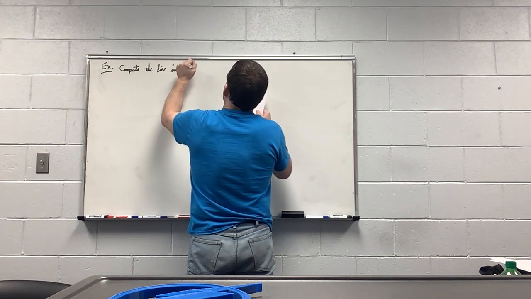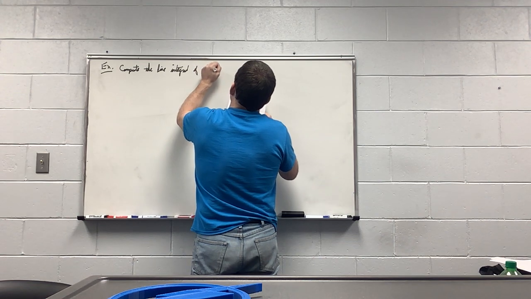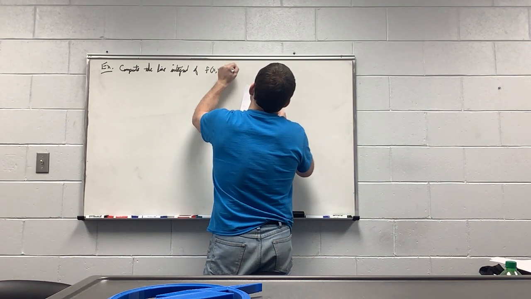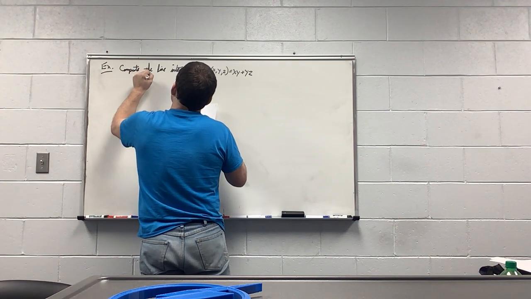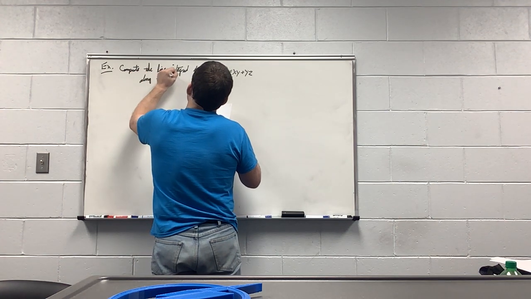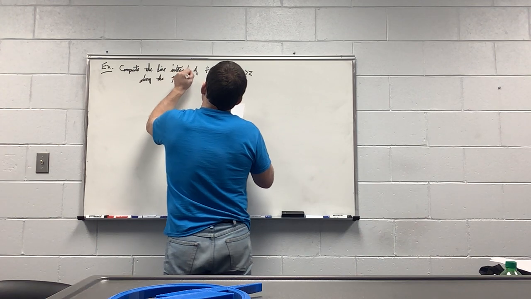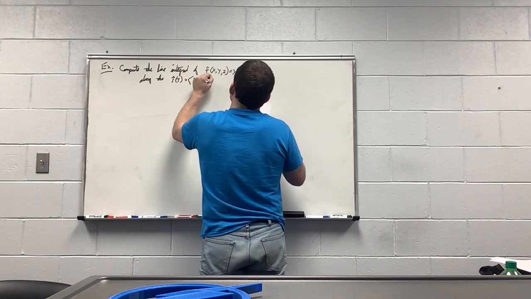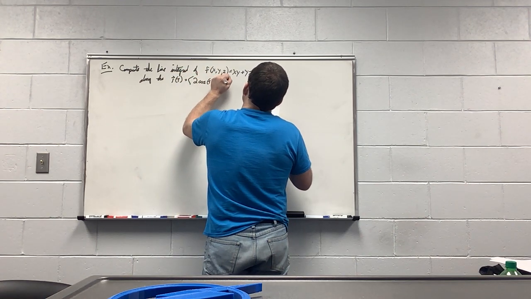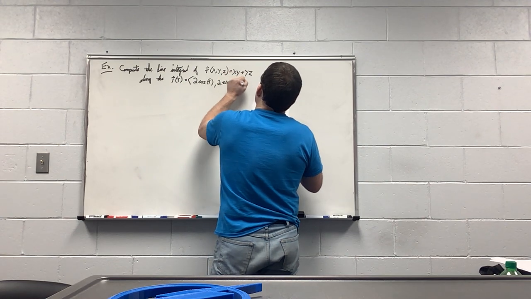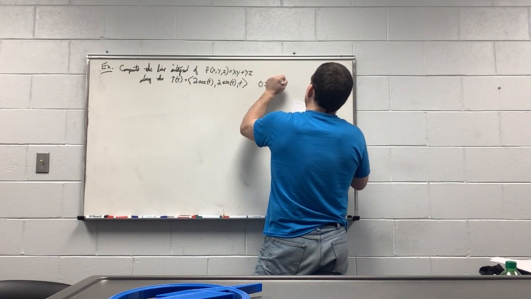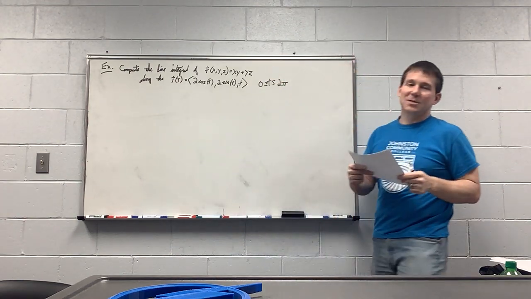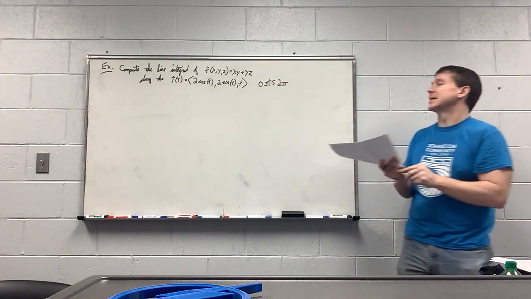Compute the line integral of f of x, y, z equals xy plus yz along the curve r of t given by 2 cosine t, 2 sine t, t. Here again, I don't want any potential overlap, so I'm going to go from 0 to 2 pi. One circular coil of the helix.